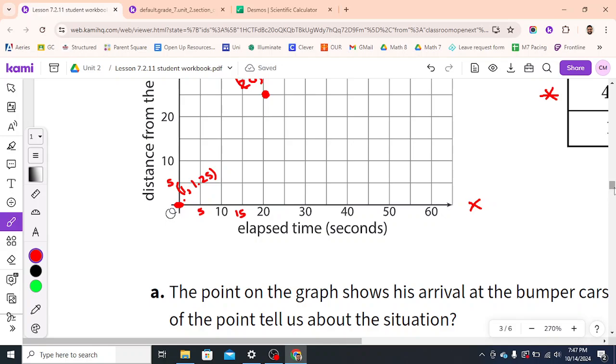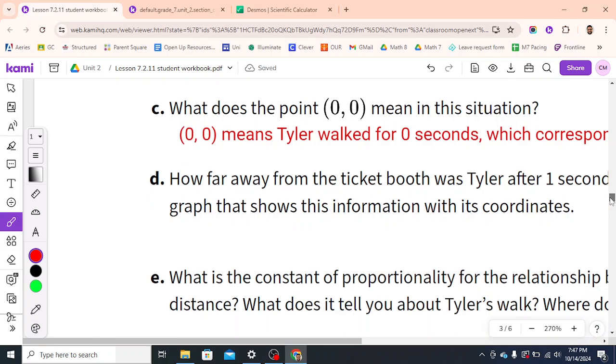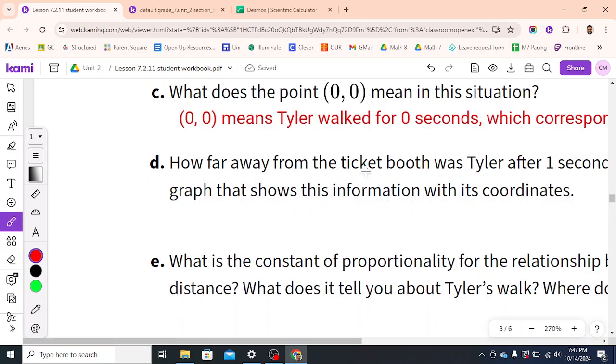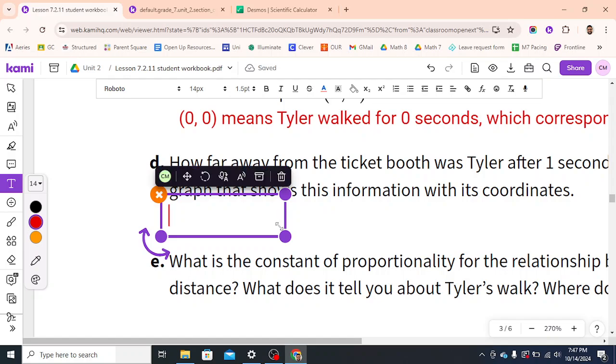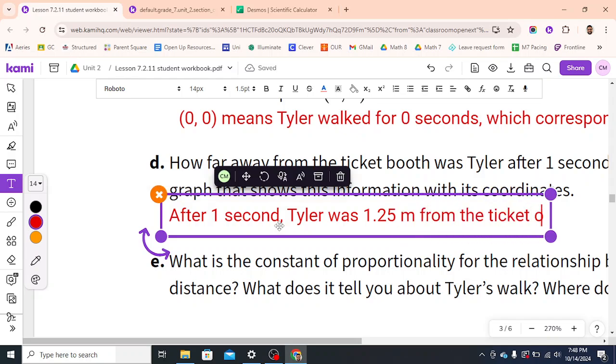Now, if we were doing online graphing, then that would be a little bit different. So how far away from the ticket booth was Tyler after 1 second? Well, we just talked about that. After 1 second, Tyler was 1.25 meters from the ticket booth.